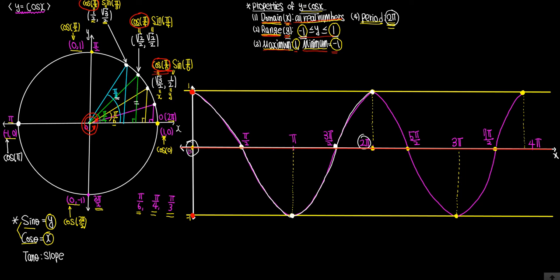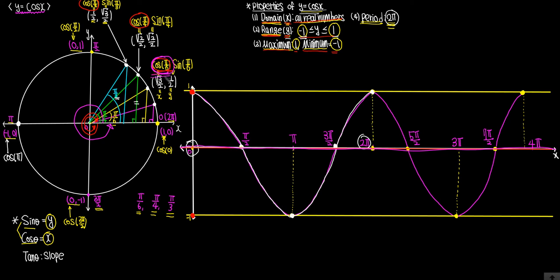Let's say the x value here on the y equals cosine x graph. We already know that the x on the graph is the angular rotation, the angle that rotates around the unit circle. However, inside the unit circle, the x coordinate is the cosine of the angle.